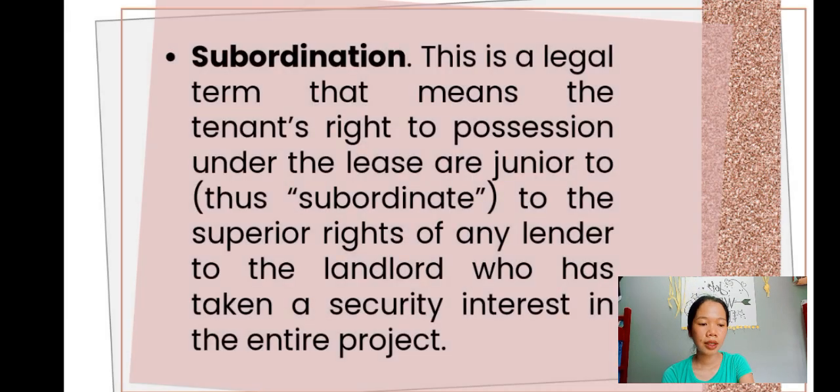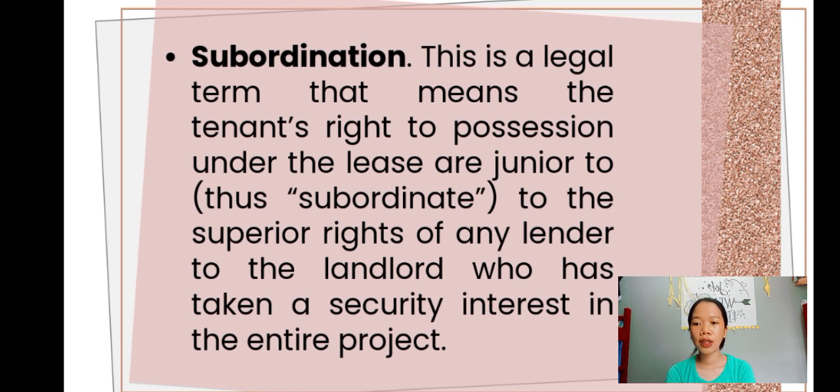Next is subordination. This is a legal term that means that the tenant's rights to possession under the lease are junior to the superior rights of any lender to the landlord who has taken a security interest in the entire project. This means that the lender can take possession of the project.